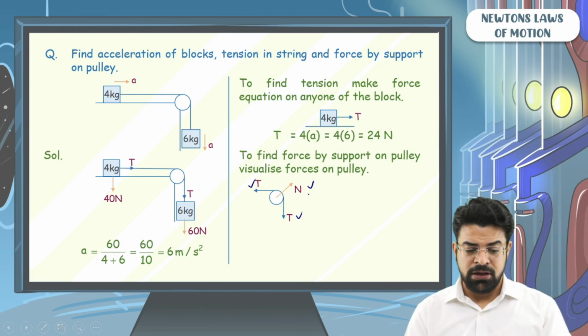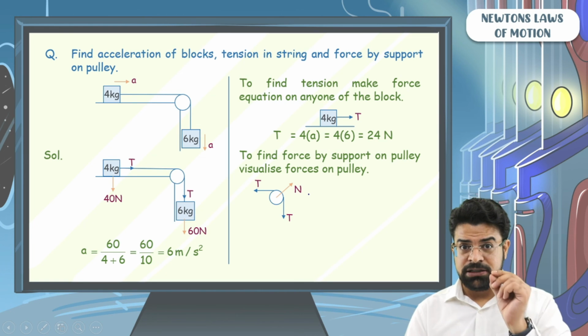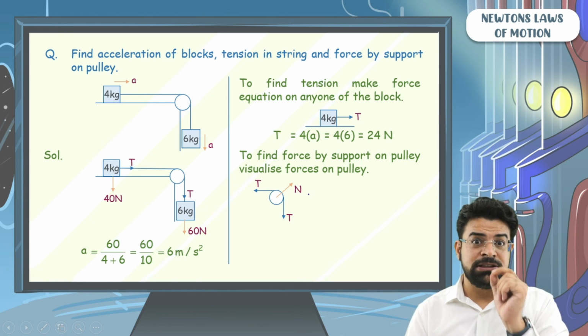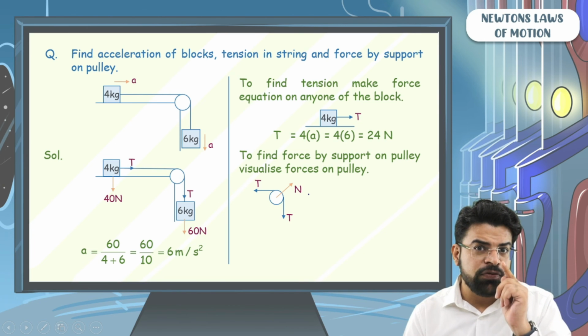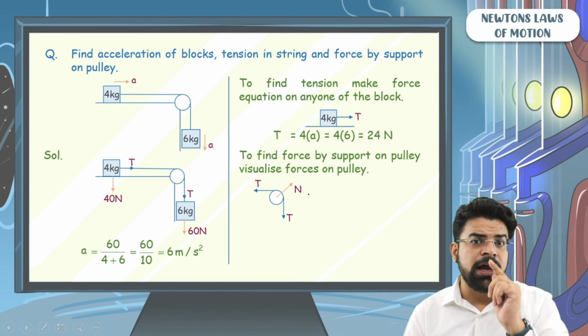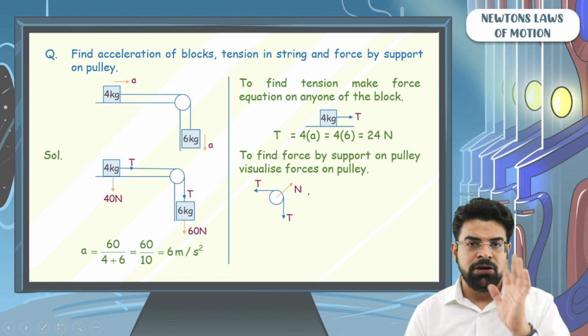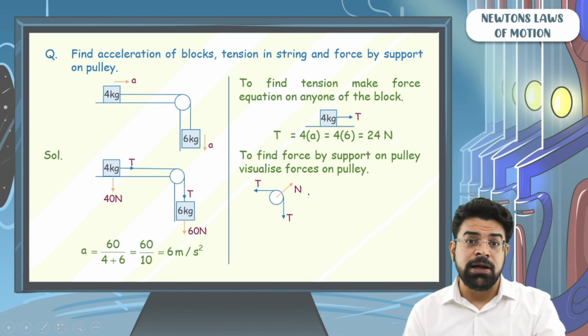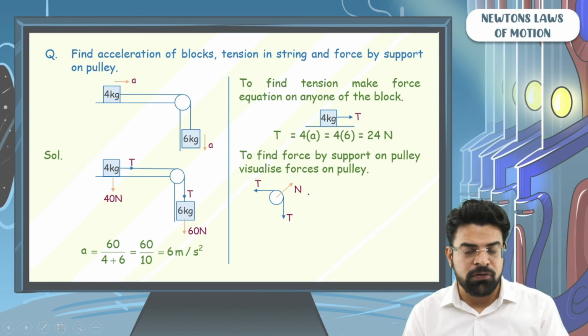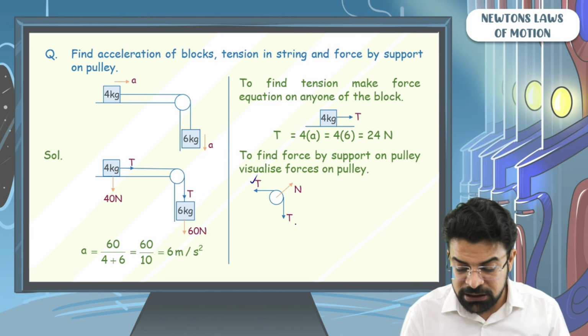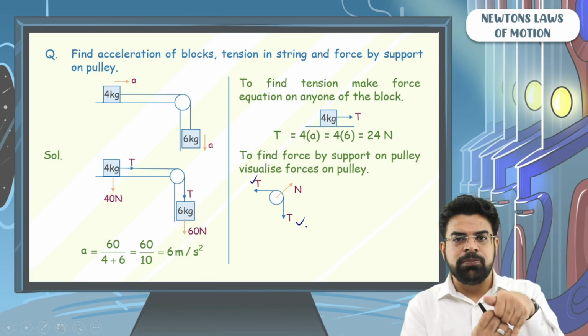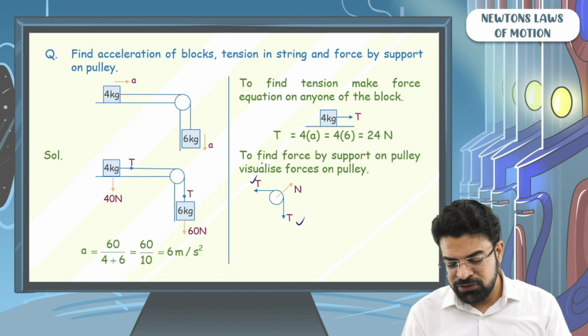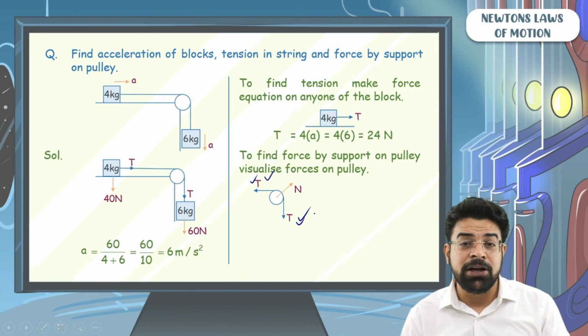If the net force on the pulley is 0, then the resultant of these three forces should be 0. I have taught you, if the resultant of three forces is 0, then the resultant of any two of them should be equal and opposite to the third one. So I can say the resultant of these two forces of tension should be equal and opposite to N. Now these two forces of tension are perpendicular to each other.